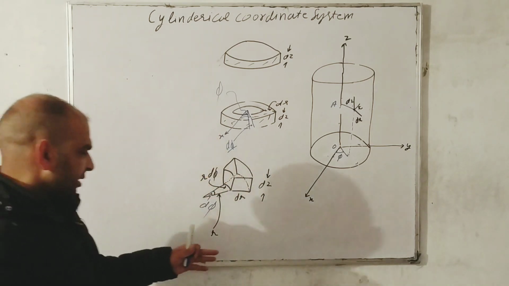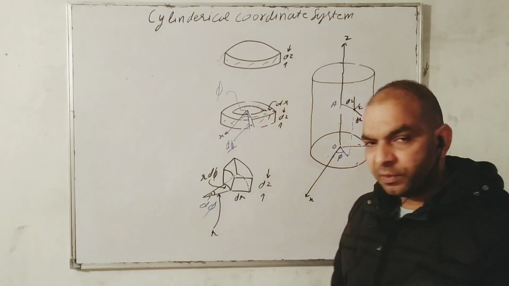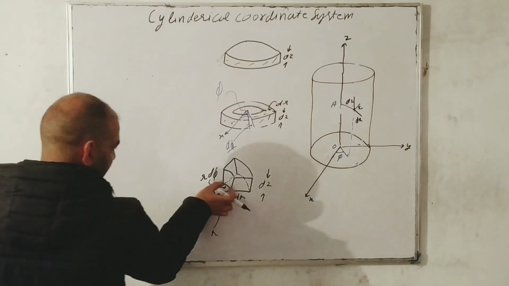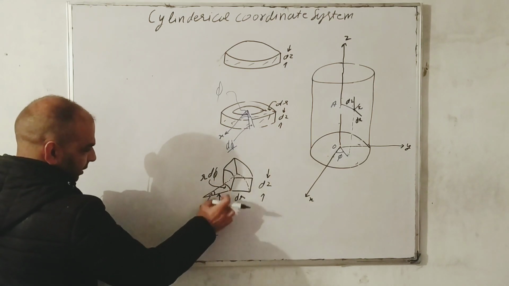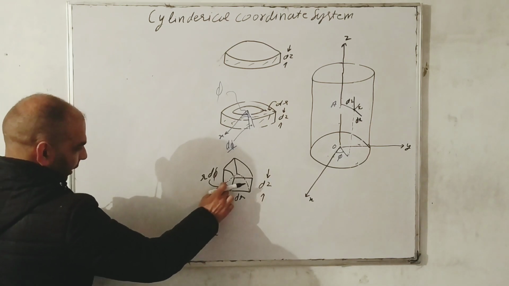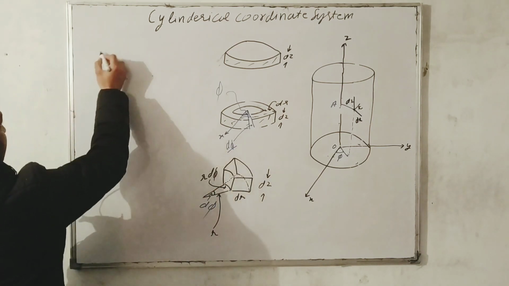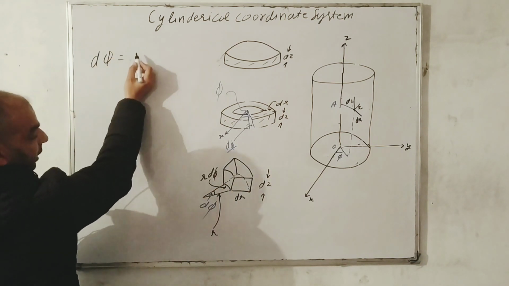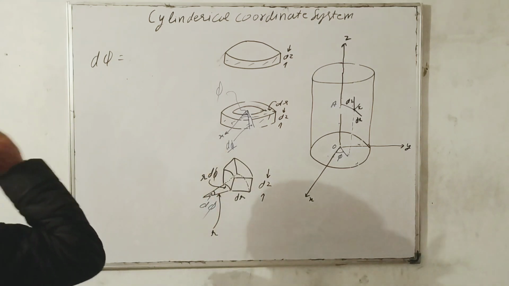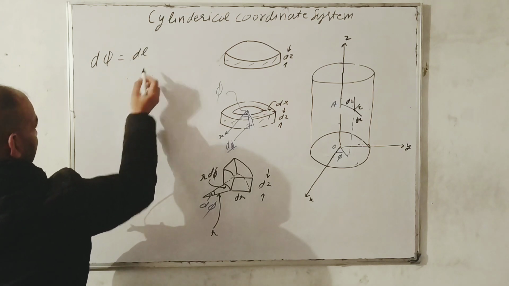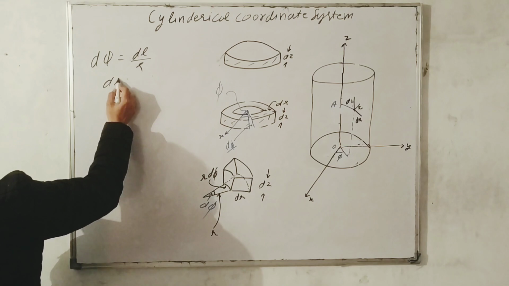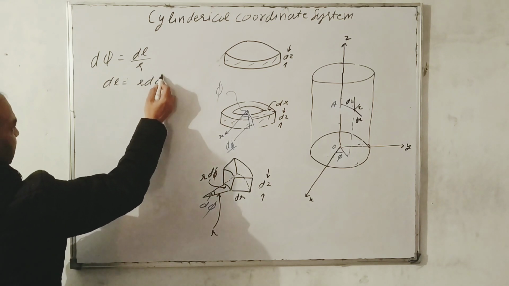What will be the small change along phi? See, d phi does not have the dimension of length. So this small change will be an arc. Arc upon radius: d phi will be equal to arc over radius. Suppose the arc is dl and the radius is r. So dl equals r d phi.